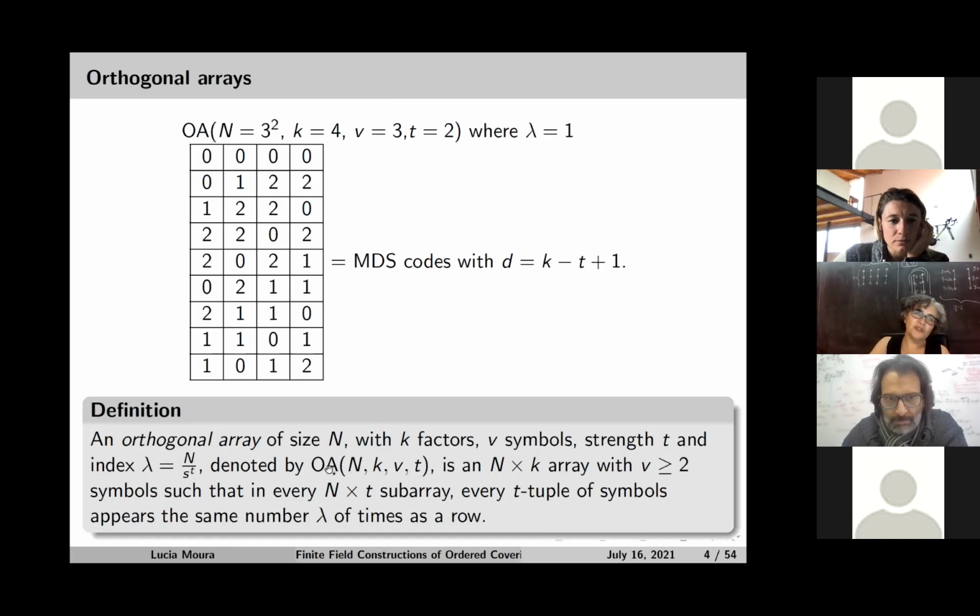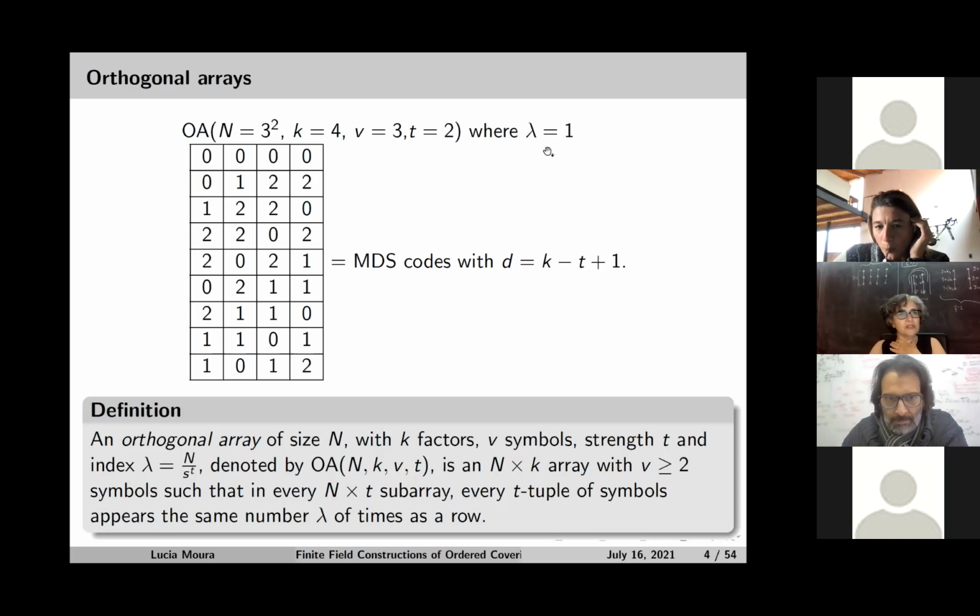I have an orthogonal array with N rows, k columns, v symbols in the alphabet, and a certain strength t. That strength is what gives the interesting property of the orthogonal array. Here is an orthogonal array with this many rows, 4 columns, alphabet size 3, and strength 2.